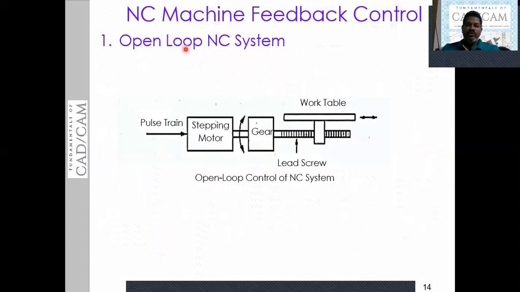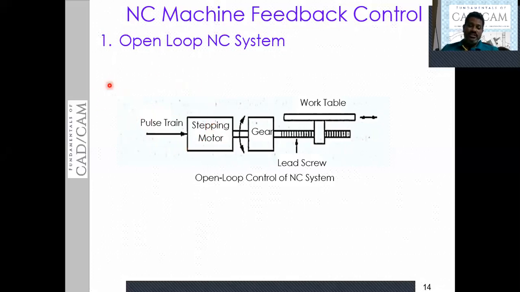You have an open loop NC system here. As I said just now, the program of instructions is converted into electrical signals or pulses. The electrical pulses are fed into the stepper motor. That means the stepper motor reads all the pulses or signals received from the program of instructions.